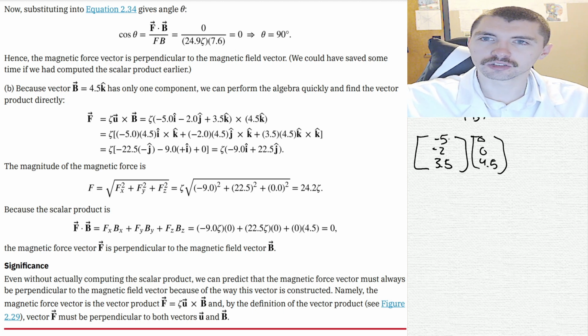So this is IJK. I'm just gonna omit those. So what's the cross product of these? It's going to be -5 times 0 minus -2 times 0, which is 0. So that's going to be my z.